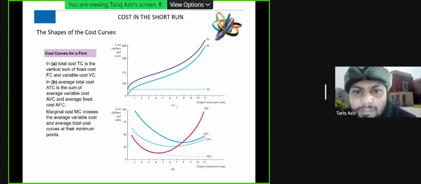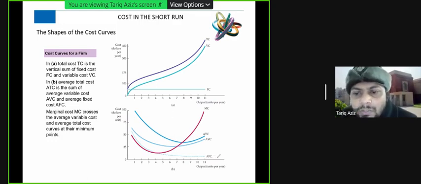This is the behavior. Now coming to the plot on the lower side, which plots marginal cost, average variable cost, average total cost, and average fixed cost. First, let us look at the AFC.